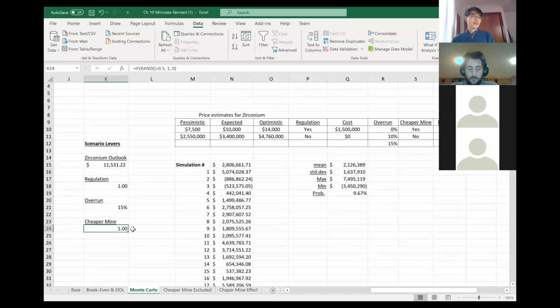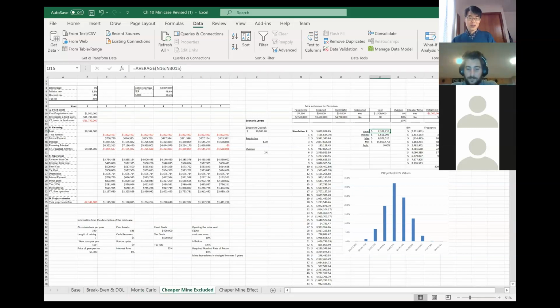So he thought that maybe we can run 2 separate cases for the current mine technology versus the cheaper mine technology. Because the question says that when you use the cheaper mine, it will reduce the initial cost, but it's going to increase the fixed cost in the future. And at the same time, because of the nature of the technology, the probability of the cost overrun will be 0. So when we use the cheaper mine, we can eliminate one of the variables.